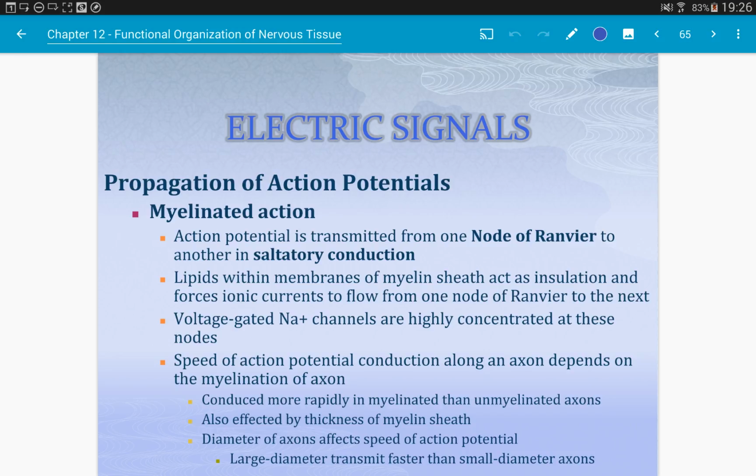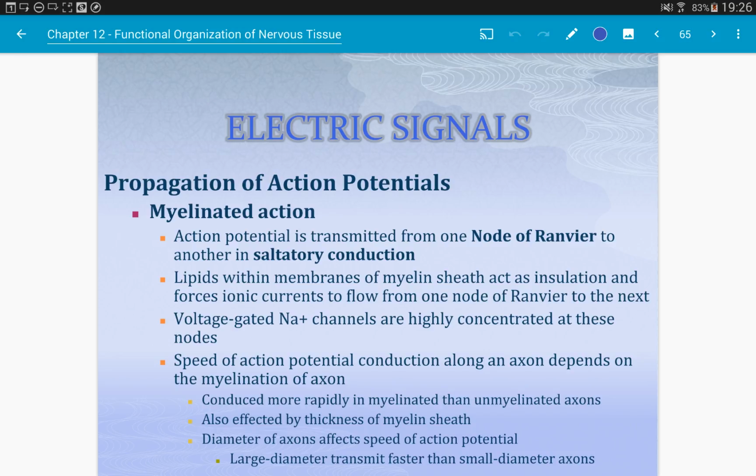Okay, now we're going to talk about how an action potential can travel down a myelinated axon. Woohoo! Right? But we already know that because it's myelinated, how does it affect the speed of how that signal travels? Faster! And you know why it's faster?